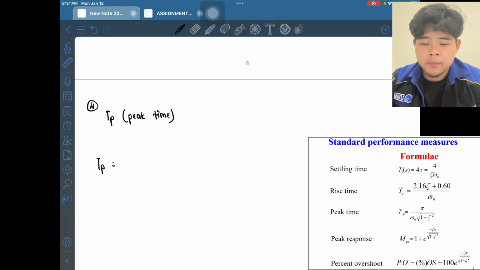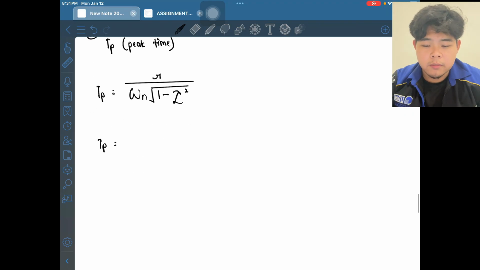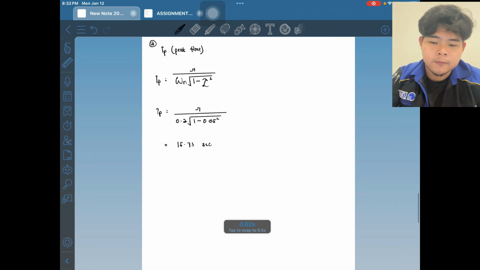So finding peak time, tp is pi over omega n times the square root of 1 minus sigma squared. So we're going to insert back all of the values, and then we will get 15.73 seconds.